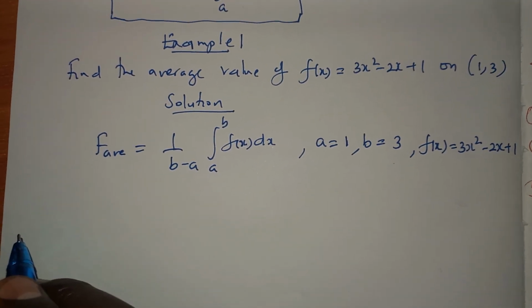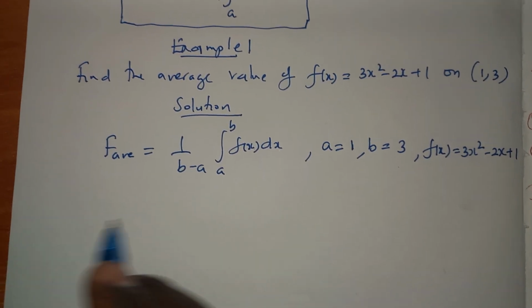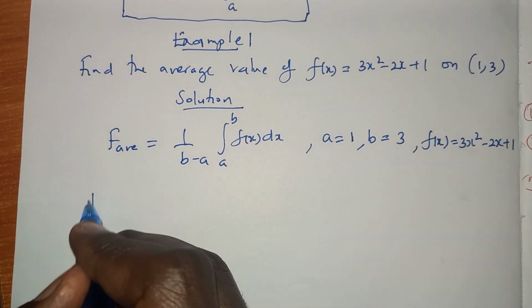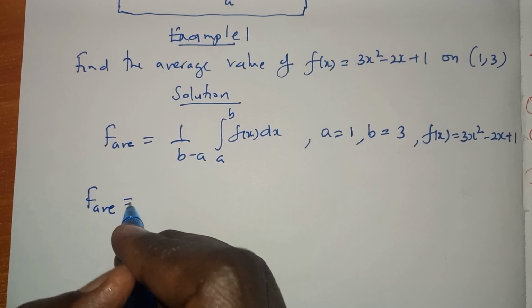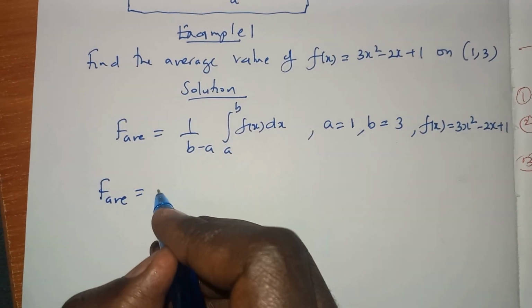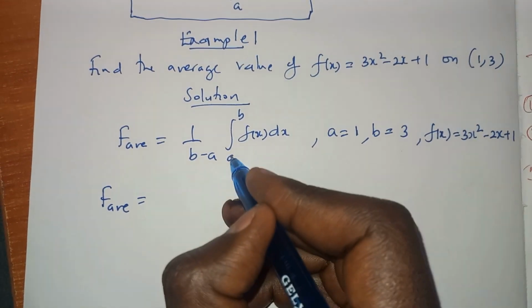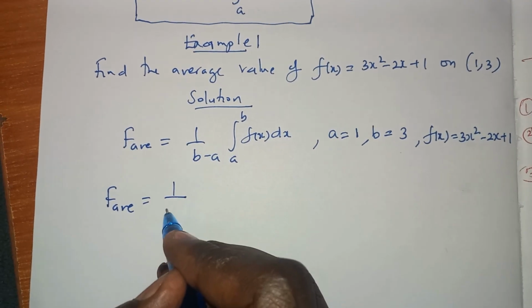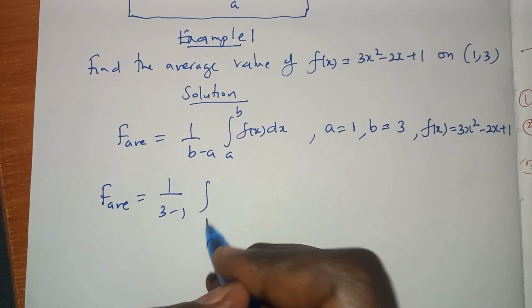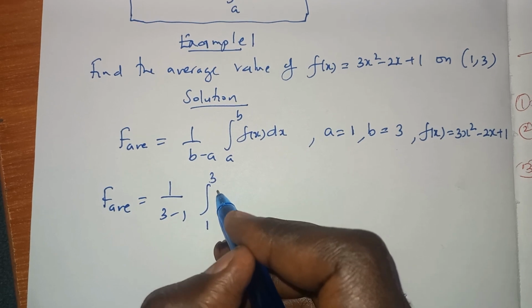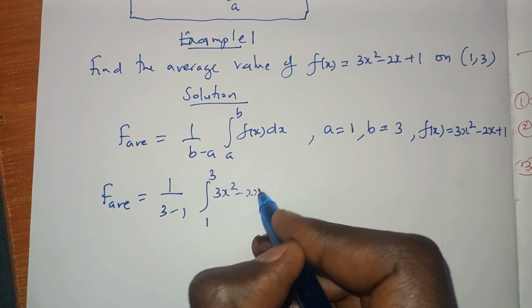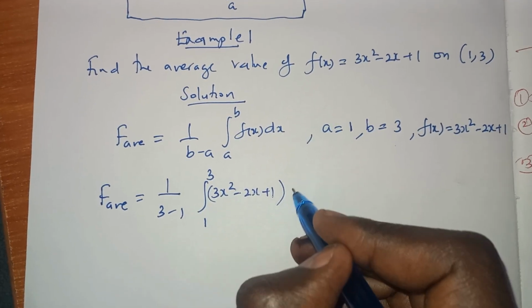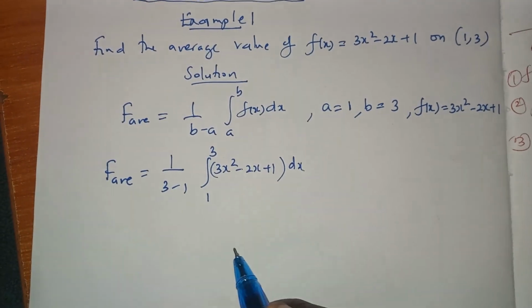So we can therefore determine our average value by substituting those values in this expression, which is 1 over 3 minus 1, integral from 1 to 3 of 3x squared minus 2x plus 1, and we are integrating this with respect to x.